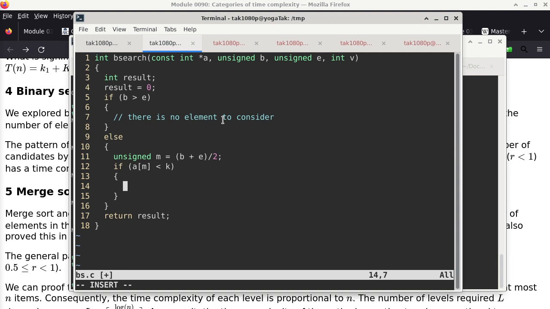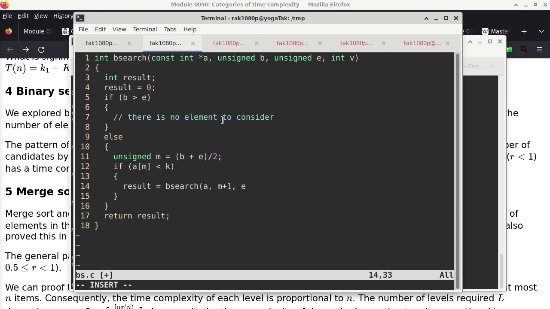So normally, with a loop approach, you would have said something like B equals M plus 1. But remember, we're trying to do this recursively. So we are not going to change B, but M plus 1 is still going to be useful. So what we do is we say result is a recursive call of B search. We're still searching in the same array, except B this time is M plus 1.